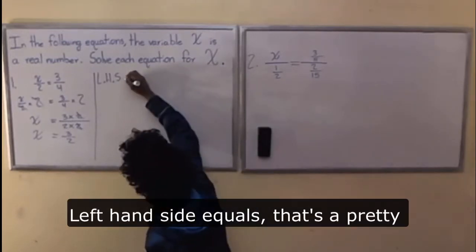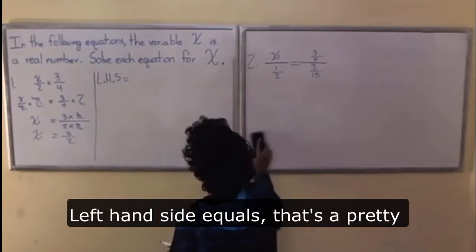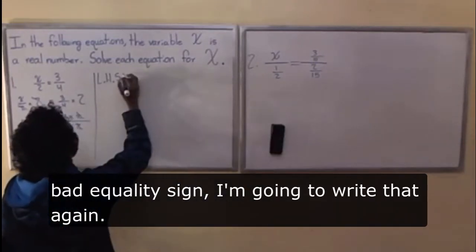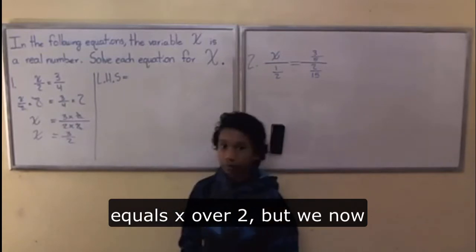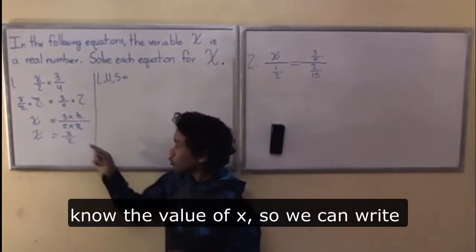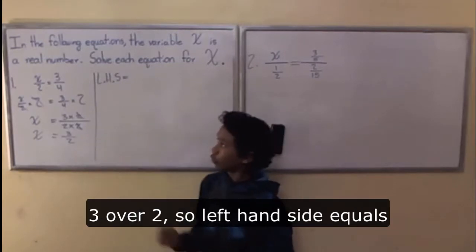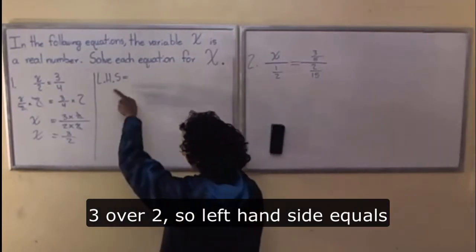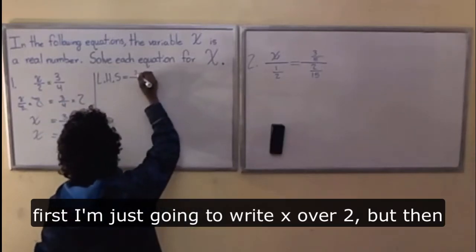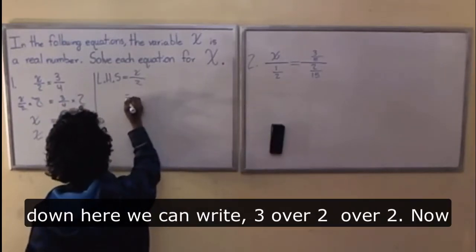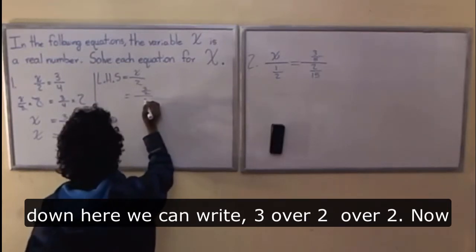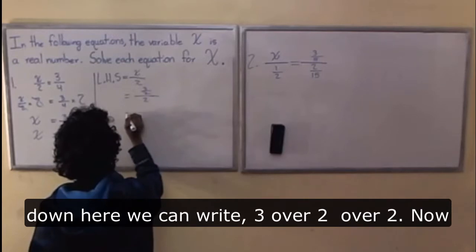Left-hand side equals x over 2. But we now know the value of x, so we can write 3 over 2 over 2.